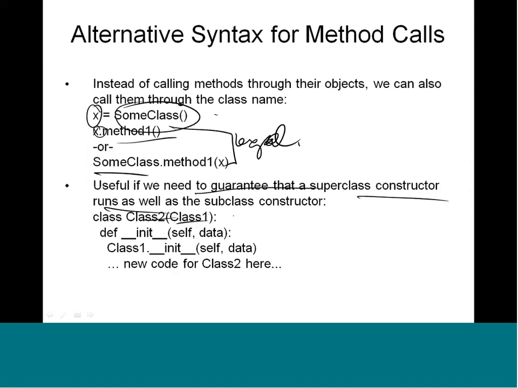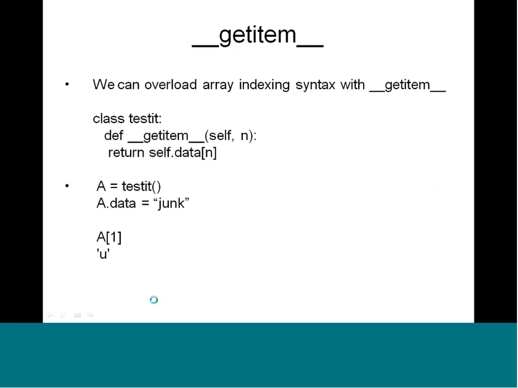We define class 2 as an inherited class from class 1, and then here we can define underscore init underscore for self.data, and then we can also just mention class1.__init__, which directly refers to the one that is before, and then you can insert the class 2 code here.